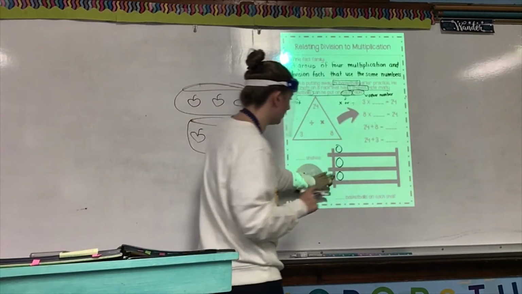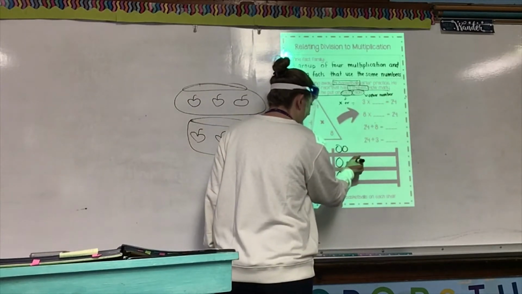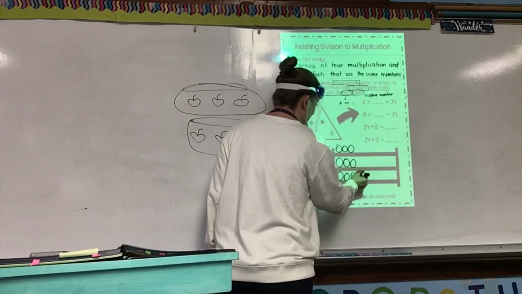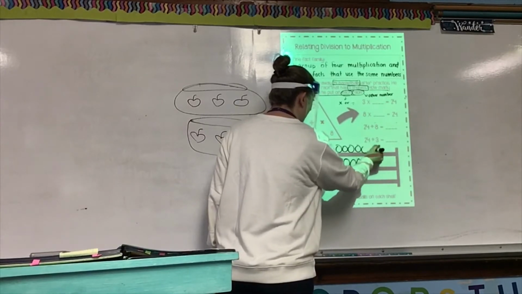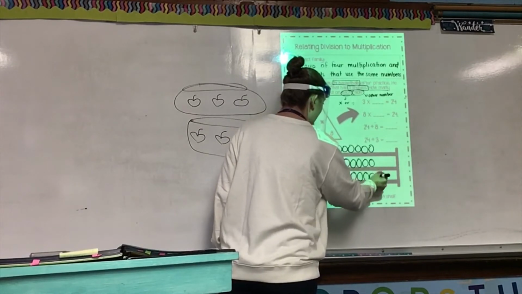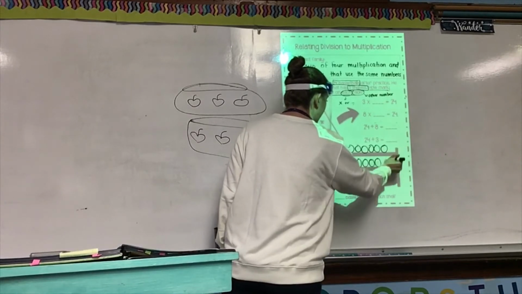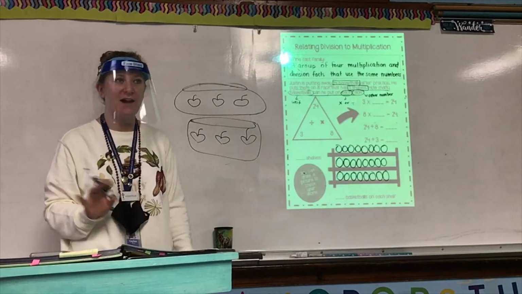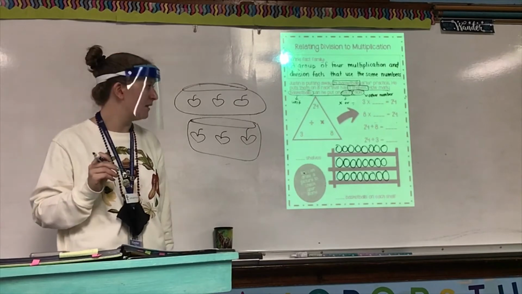So I've got 1, 2, 3 until I get to 24 basketballs. 4, 5, 6, ... 23, 24. Am I going to keep going? No, I only have 24 basketballs. I can't put more when I don't have more.